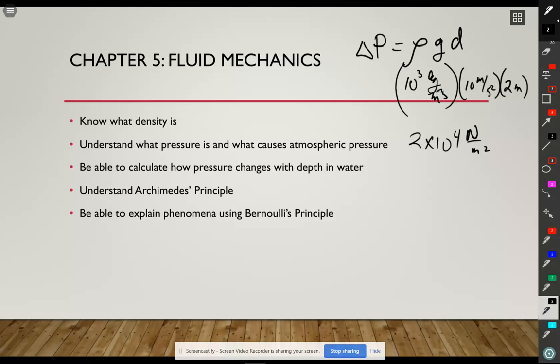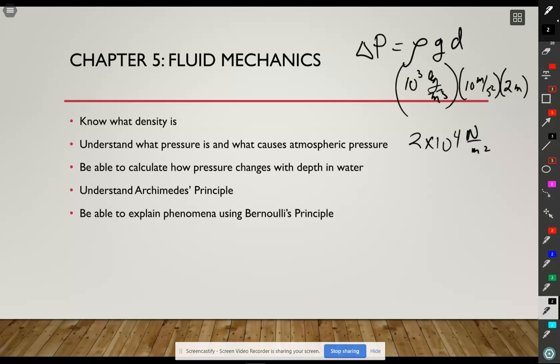In general, that allows us to calculate what the buoyant force is. If something displaces water, we just measure the volume it displaced, calculate what the weight of that water is, and that's what the buoyant force is. But that buoyant force results from the difference in pressure at the top and the bottom.